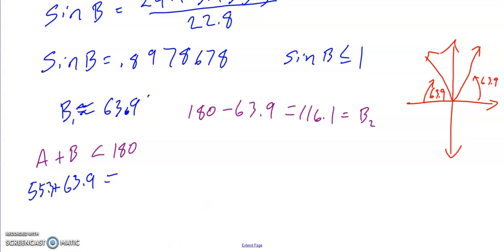Where's my calculator? Hold on. So I add angle A and angle B, that's 119.2 degrees, which is smaller than 180. So this A and B combination is good. We'll get a triangle with this B1.